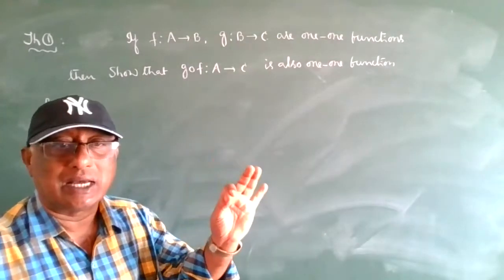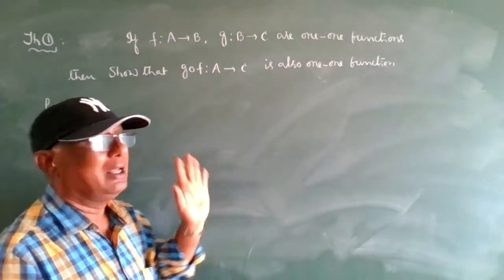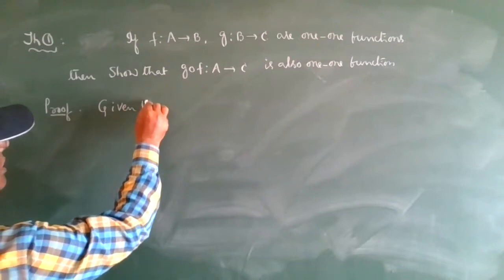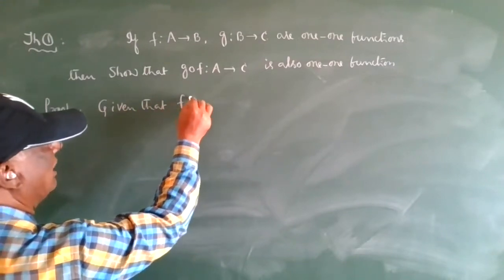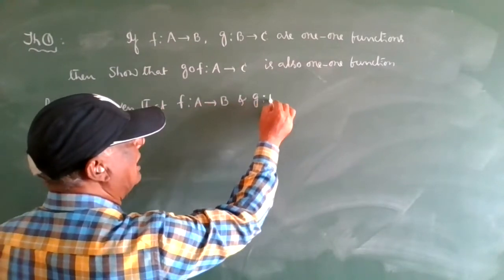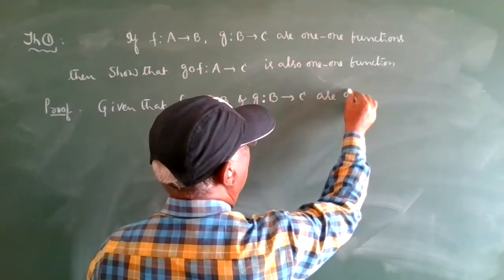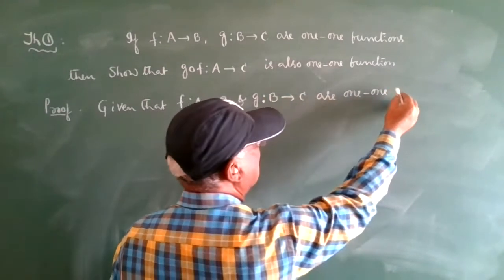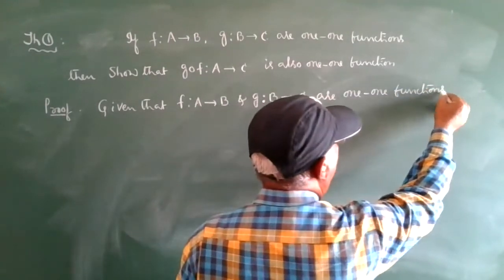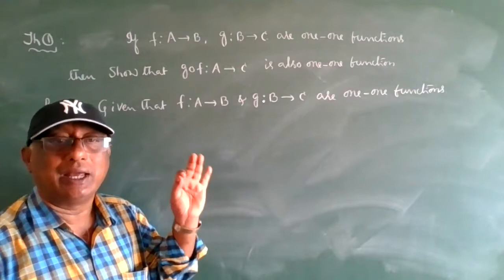Given that f is one-one from A to B and g from B to C is one-one. One-one function means we already have an idea about that.